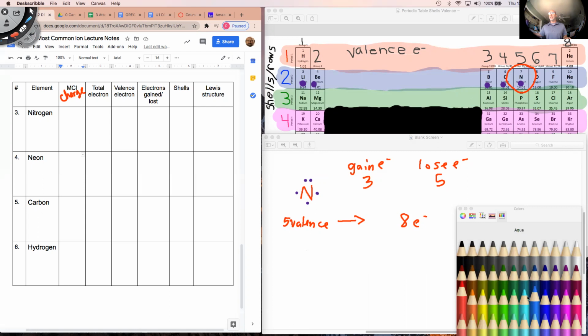So nitrogen is going to, let me choose another color here that's kind of close, but so that you can see a difference. Nitrogen is going to gain 1, 2, 3 electrons. And in gaining those 3 electrons, nitrogen's going to have how many valence electrons? Well, nitrogen now is going to have 8 valence electrons.